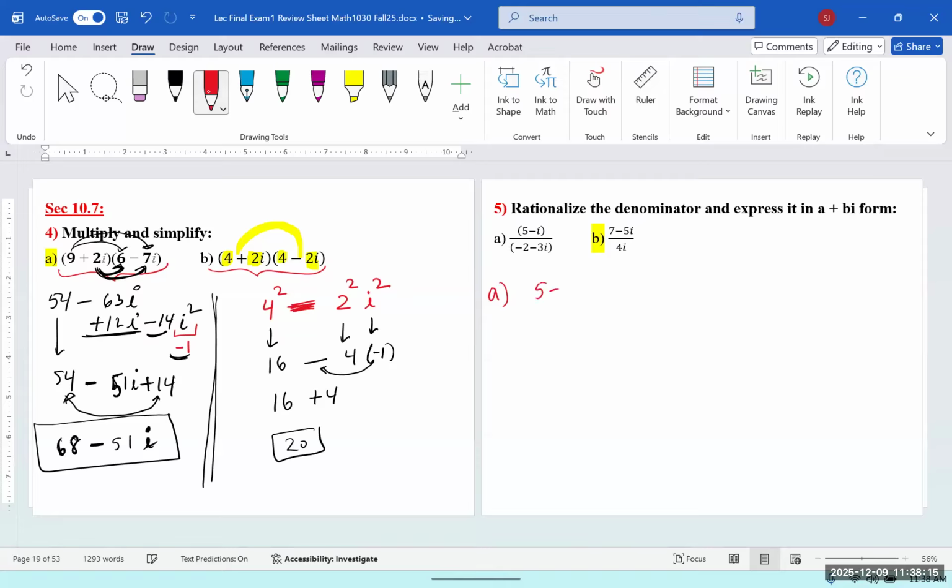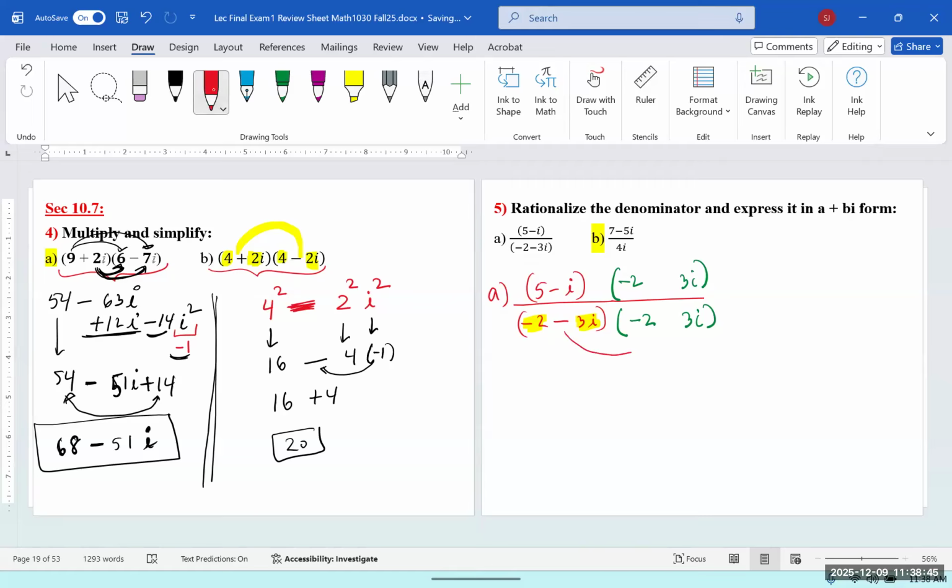On the top we have 5 minus i. On the denominator we have negative 2 minus 3i. So just like with radicals, in order to get rid of the i from the denominator, we need to use the conjugate. So we are going to use the same 2 terms, negative 2 and 3i.